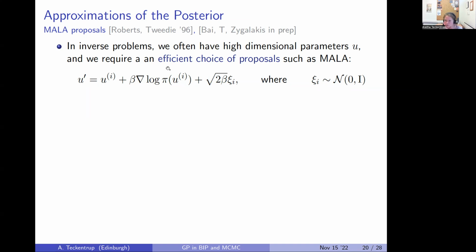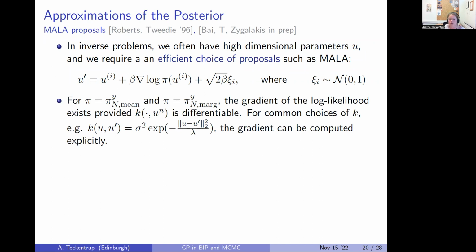So you want more samples in regions where the density pi is high. And so you want to step into those regions, and then you have a random step size, or a random walk perturbation here. So that's typically one of the methods of choice.